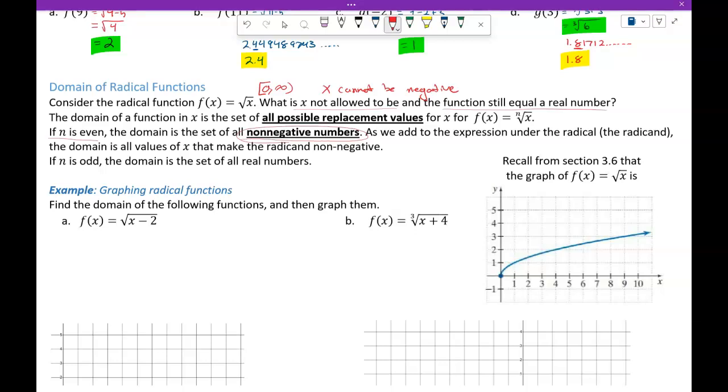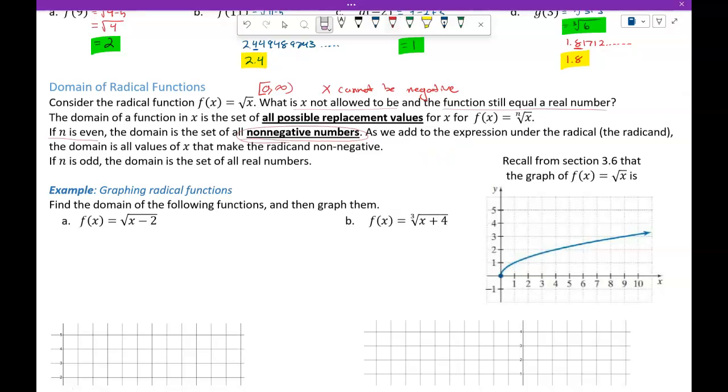Now, as we add to the expression under the radicand, then our domain is going to change, because it's not that x can't be negative, it's that the radicand can't be negative. And so as we add numbers and expressions and values to our radicand, it's more an idea of, well, what values of x would keep our radicand non-negative? And so it's not going to be 0 anymore, it's going to be some other number.